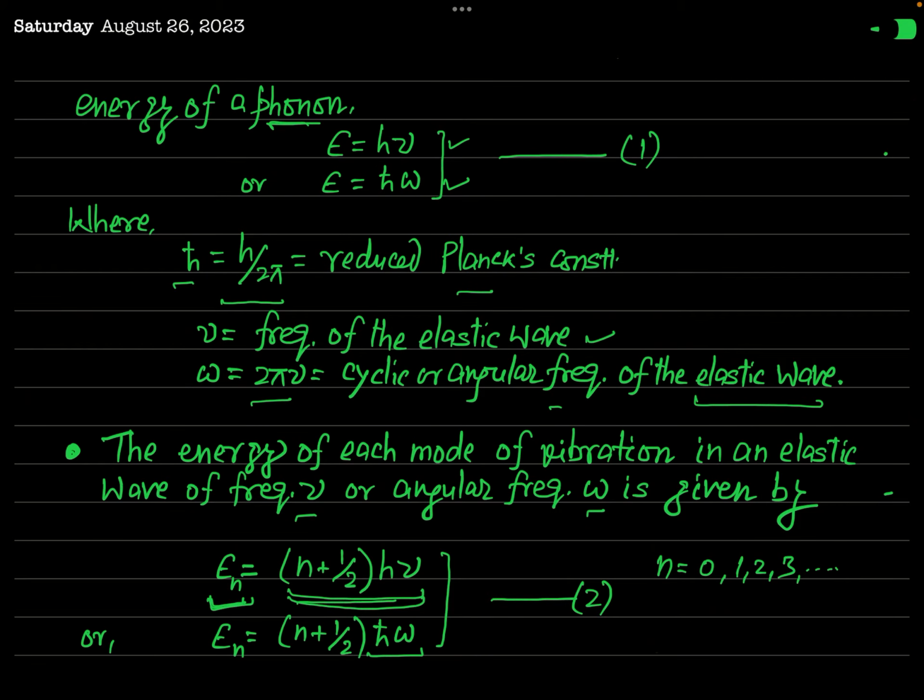Definitely this energy epsilon n will have only discrete values, not continuous values. It means the energy of different modes of vibration in an elastic wave is not continuous, but the energy spectrum will be discrete, and you can find all the possible values of the vibration of the lattice by putting different values of n.